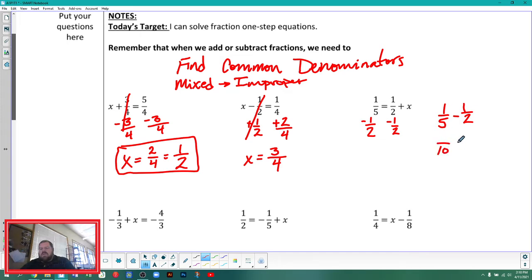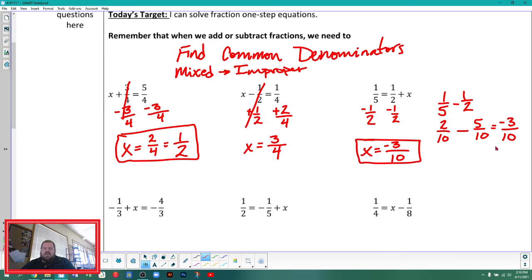I can turn them both into tens pretty easy. 1/5 would be 2/10. 1/2 would be 5/10. So we get 2 minus 5, which is negative 3/10. So x is equal to negative 3/10. And it's just that easy.